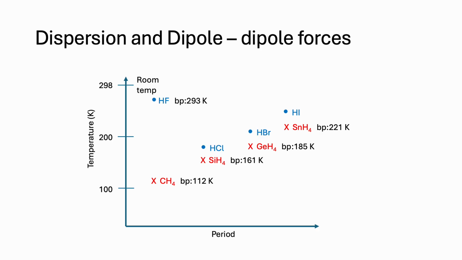But what about HF, which is an outlier on our graph? HF molecules within the liquid are held together by dispersion forces, dipole-dipole forces, and another type of intermolecular force called a hydrogen bond. The hydrogen bonding present means HF has a much higher boiling point than expected for a molecule of its size.